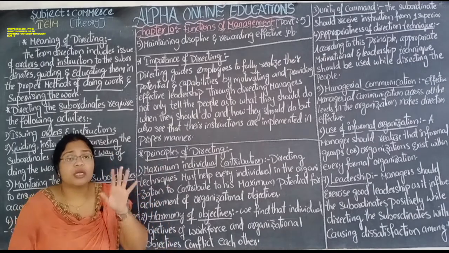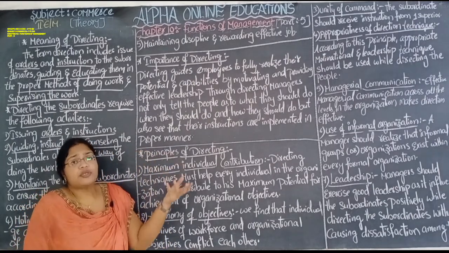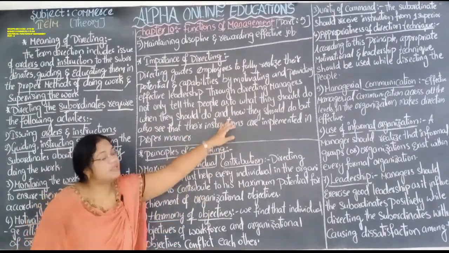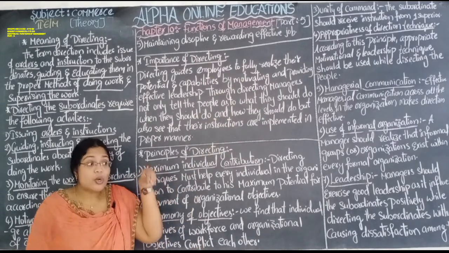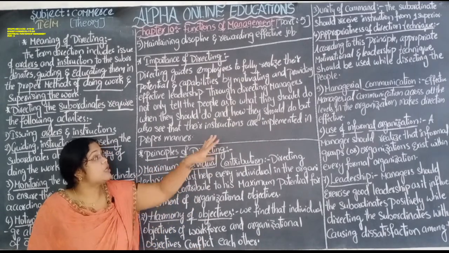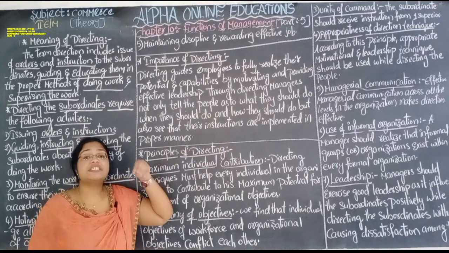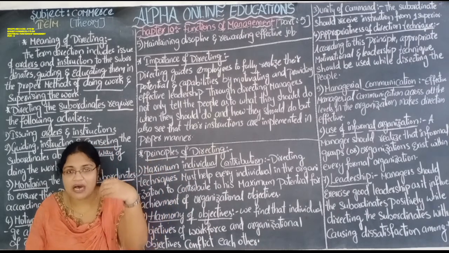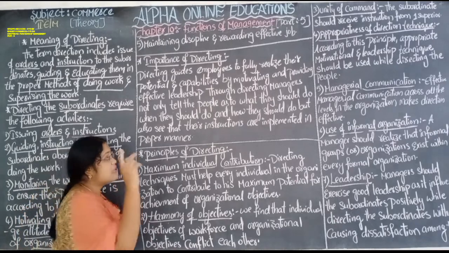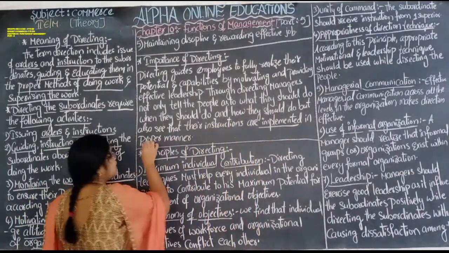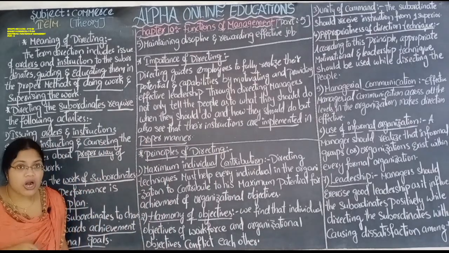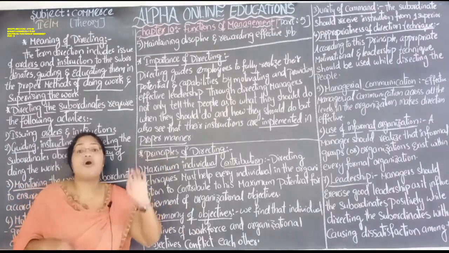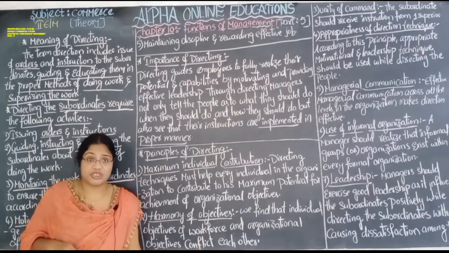So directing means not only telling people what they have to do, when and how, but it also involves seeing whether the instructions passed to the subordinates are being implemented properly or not. This is also the responsibility of the superior or the manager.